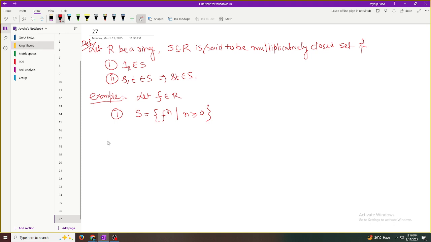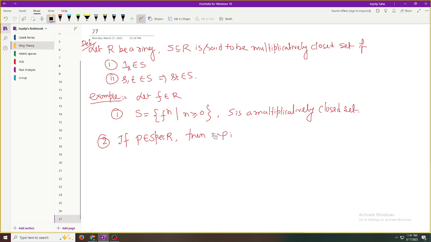Two: if P belongs to Spec R, then S = R minus P is a multiplicatively closed set. So these are examples, very easy examples.